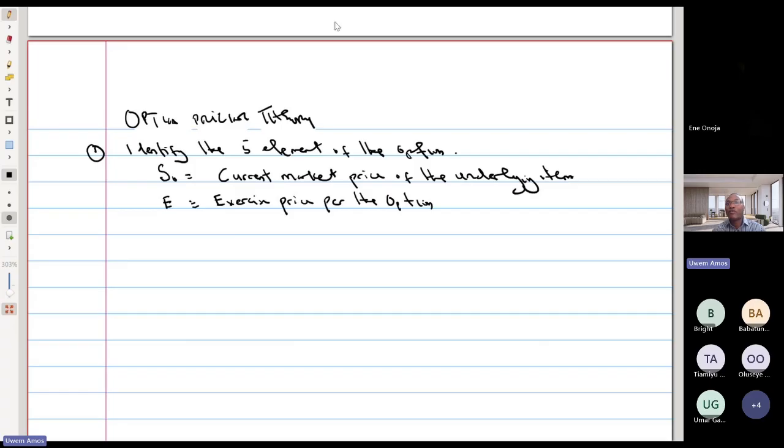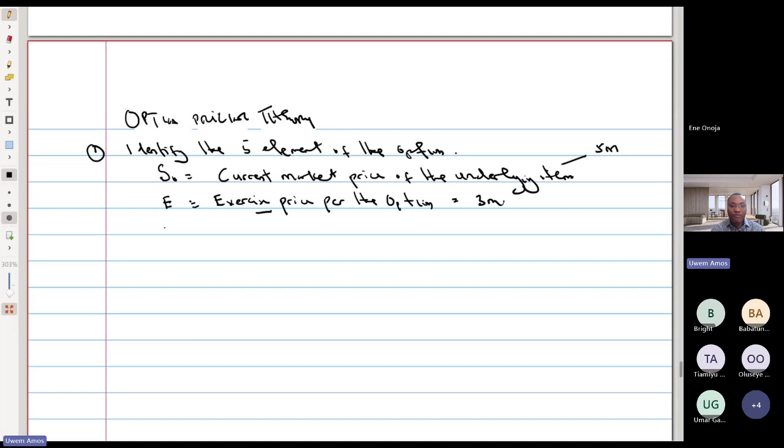Assuming the current price of that land is 5 million, S0 will be 5 million. But you have an option to buy it at 3 million in 3 years' time, so the exercise price would then be 3 million.